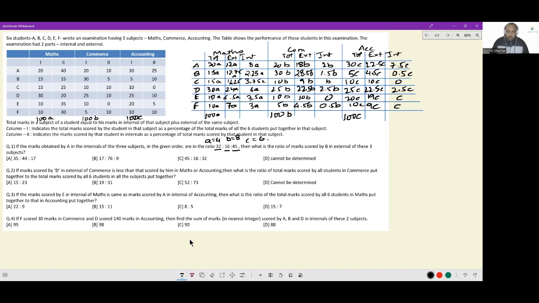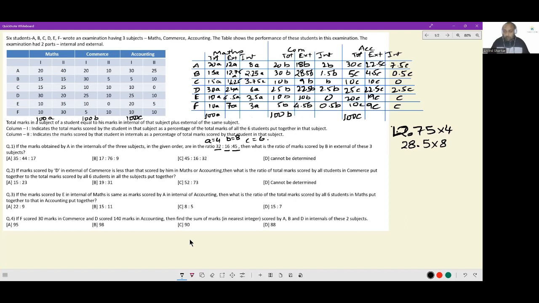Now, we are looking for ratio of marks scored by B in external of these three subjects. So 12.75 into 4 will be the marks scored in externals by B in maths. Then I will have 28.5 into 8.